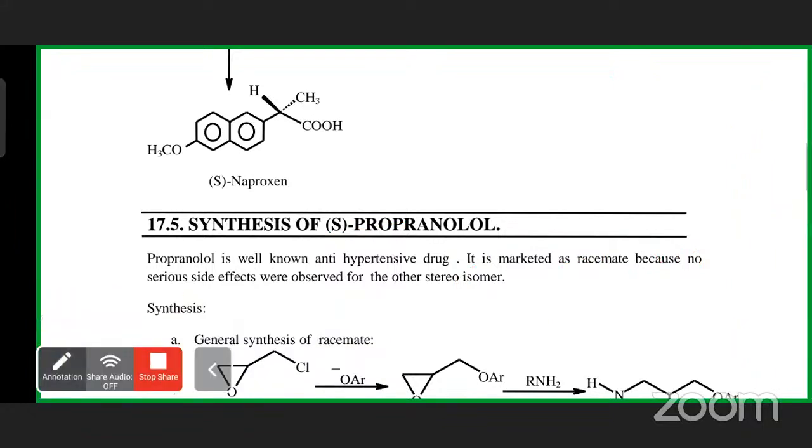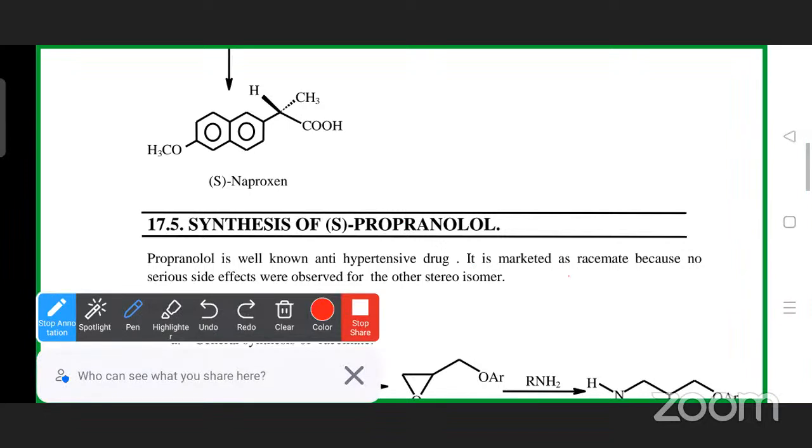In that case, it can be marketed or used as a racemic mixture or racemate here because there are no side effects of the distomer isomer here. That's why, when the separation is difficult, you can use it as a racemic mixture here, right? So like that, this is marketed as a racemic mixture.